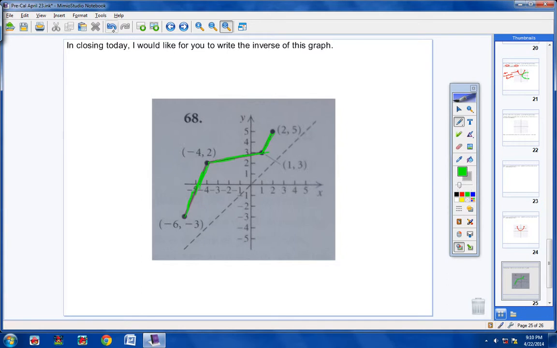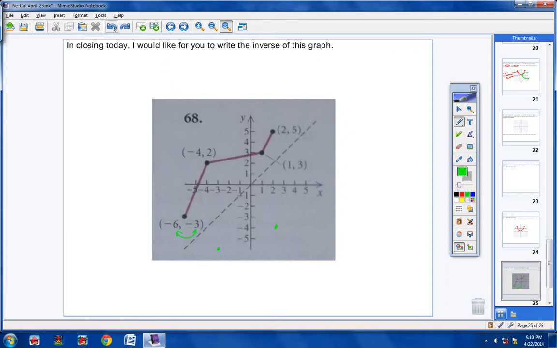Okay, no problem. If an ordered pair is 6, -3, then I know one of the ordered pairs that exists would be -3, 6, which is about right here. And then if on your red graph we have -4, 2, then on the inverse graph we would have 2, -4. I just swapped these two numbers around and plotted the point right here, and then I just simply swapped those two numbers around and I plotted the point right there.